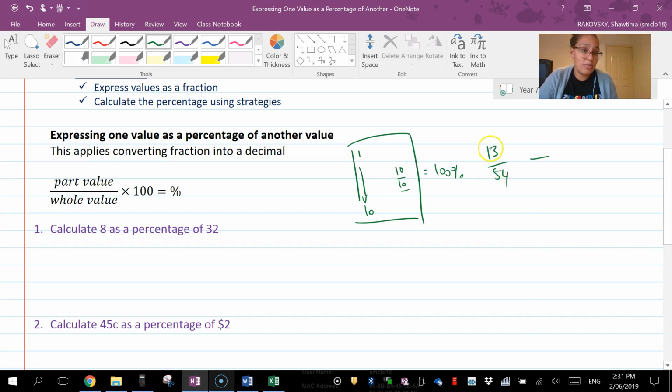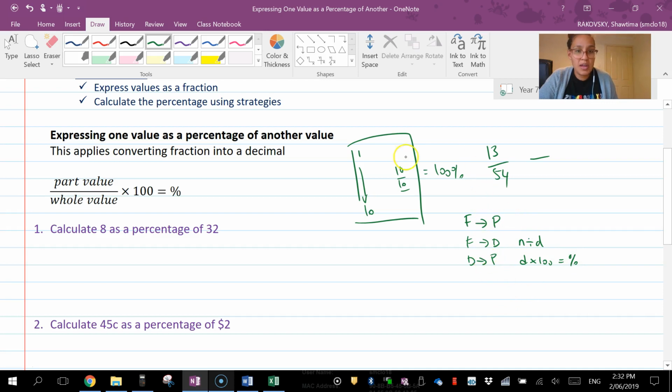So essentially what you've got here is a fraction. So remember, to go from fraction to percentage, the first thing you can do is go fraction to decimal, and that's by going numerator divided by denominator, and then decimal to percentage is take your decimal and times it by 100, and that'll give you a percentage.